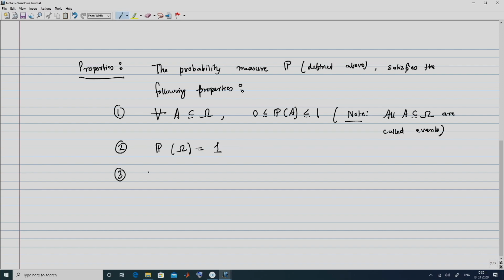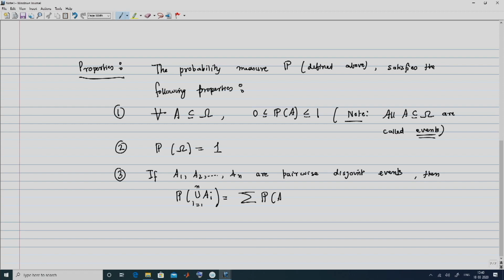And the last property of the probability measure is that if A1, A2 all the way to An are pairwise disjoint events, then the probability of the union of Ai, i equal to 1 to n, is simply the sum of the probabilities of Ai, i equal to 1 to n.